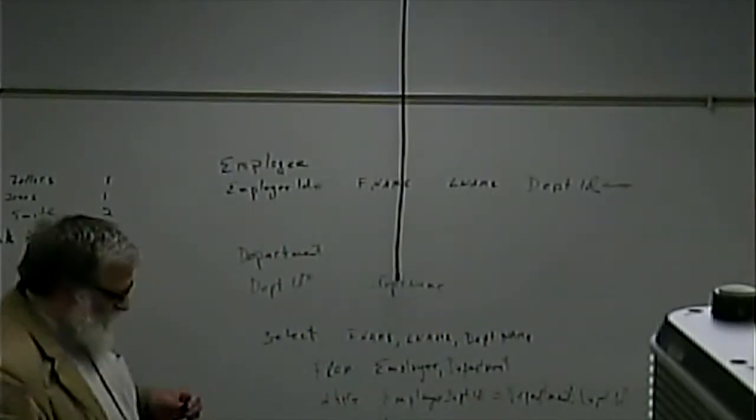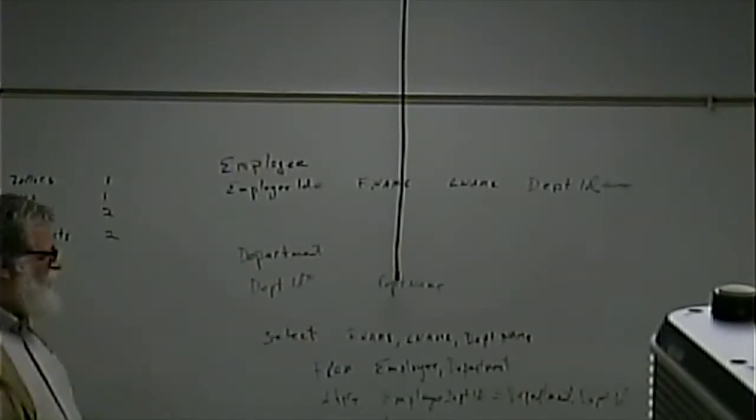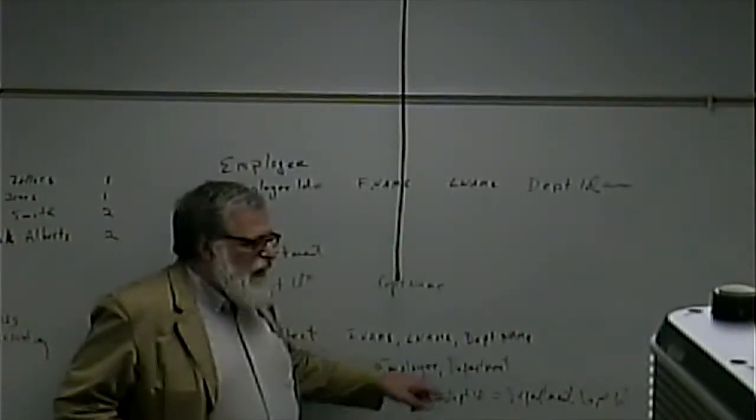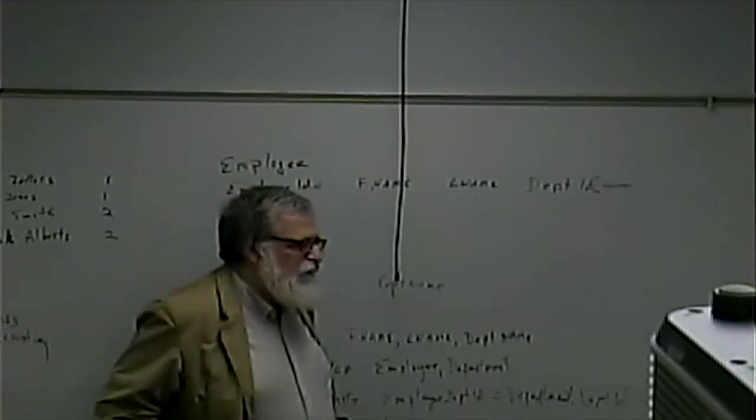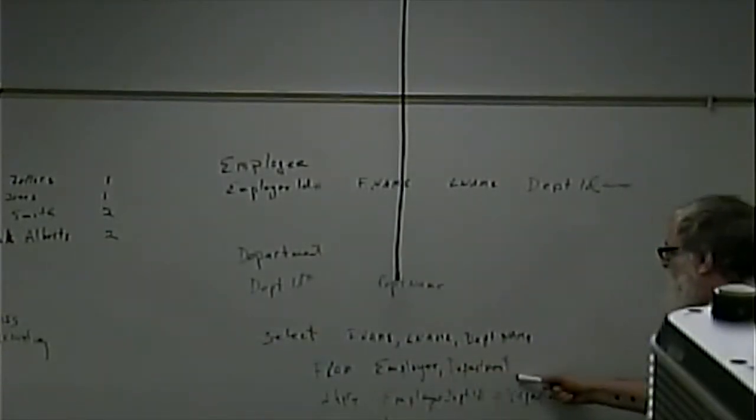So, a couple things to note. My list of columns can come from either of these two tables. I list the two tables that I want as part of the from clause. I could have as many tables as I need in the from clause. So what we talked about last time still applies. This is a list of columns. This is a list of tables.